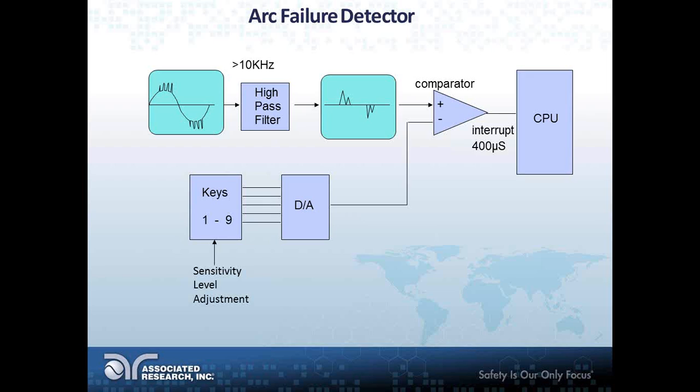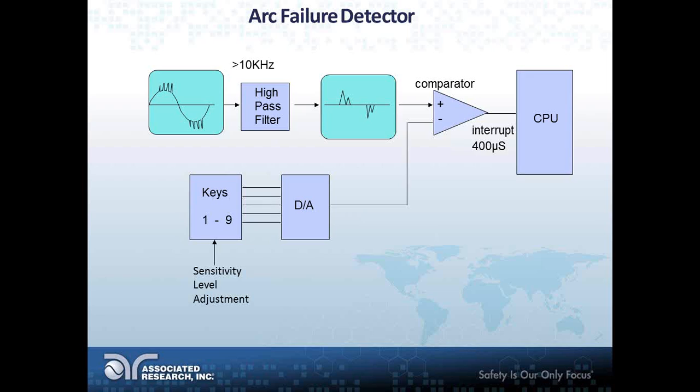So on the left, you can see those high impedance arcs riding on the low frequency test current waveforms. What happens is the way the arc detection circuit works is that this passes through a high pass filter, which basically filters out the high impedance arcs. Next, most of our Hipot testers have the arc sensitivity level adjustment that is user adjustable. So basically, you can go ahead and program an arc failure condition based on those numbers from 1 to 9.